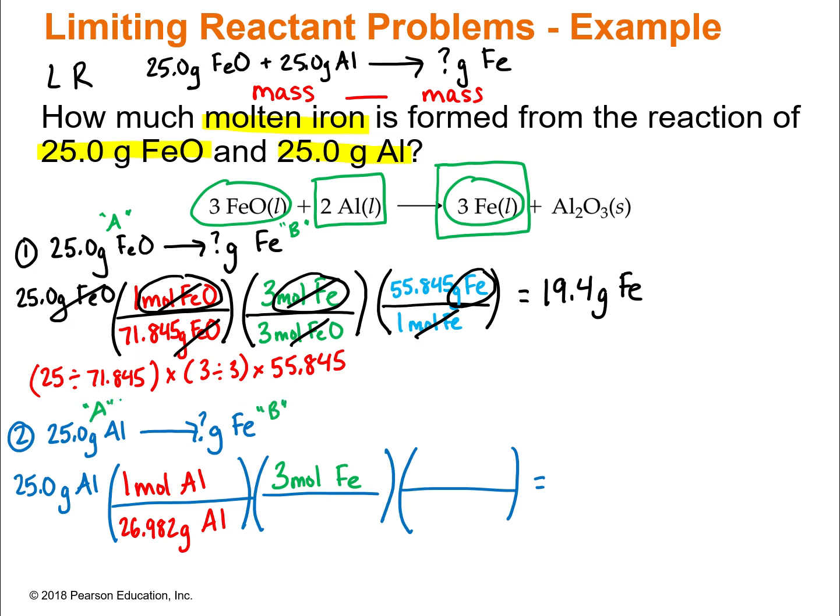The B is still iron. A is our aluminum. Then finally we put the molar mass of iron. Make sure all the units cancel.